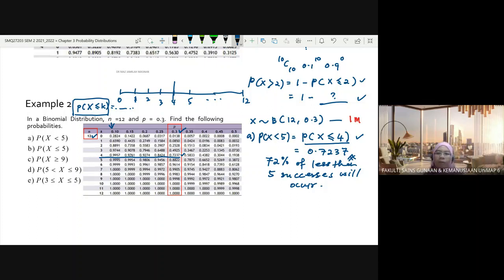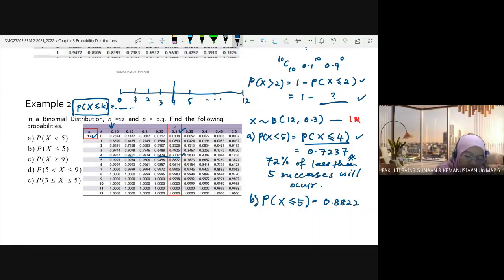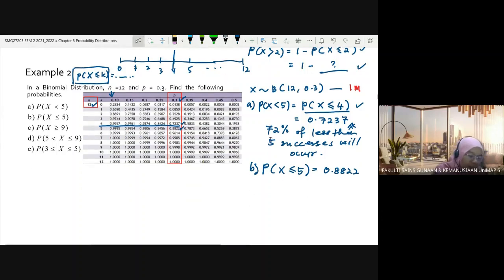So that will be A. What about B? P(X less than or equal to 5). Can someone give me the answer? 0.8822. Yes, correct, directly from your table. What about C?